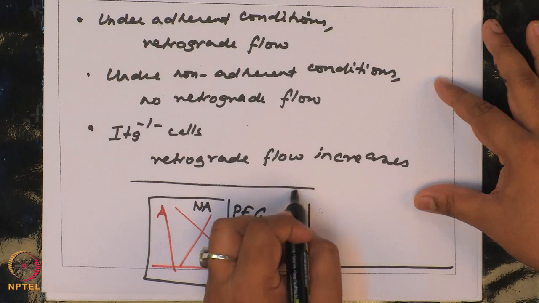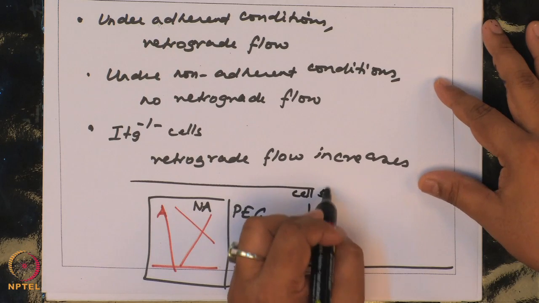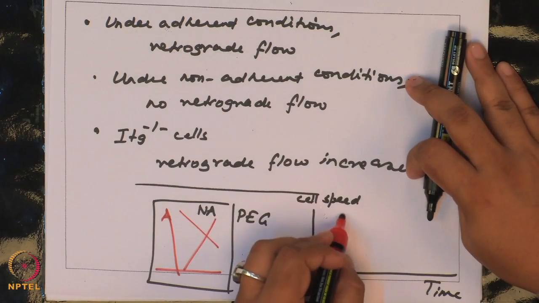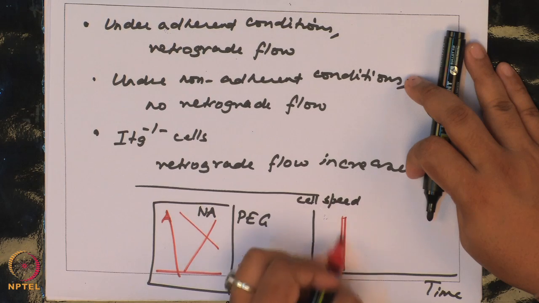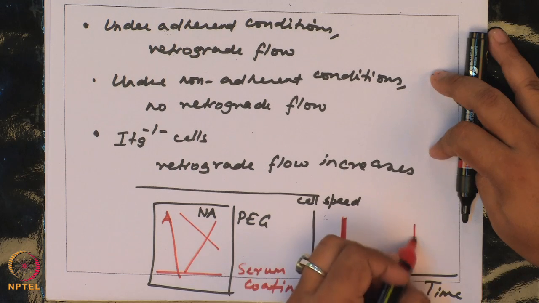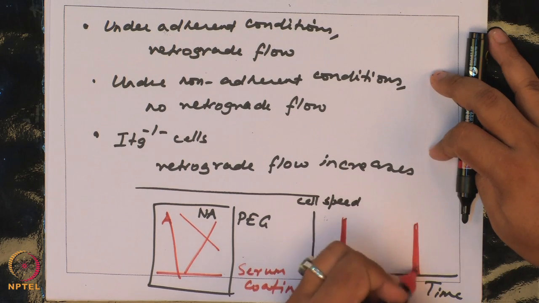So, what they tracked was the average cell speed as a function of time. If I were to draw these zones, let us say this is one zone in which you have an adherent spot, this is another zone where you have the adherent stripe.